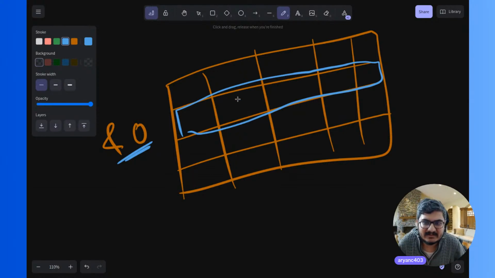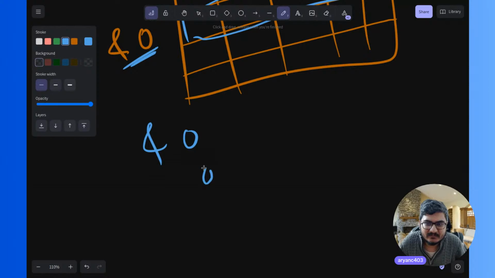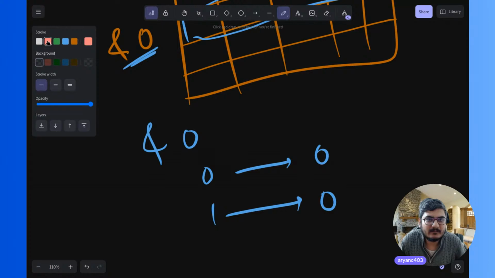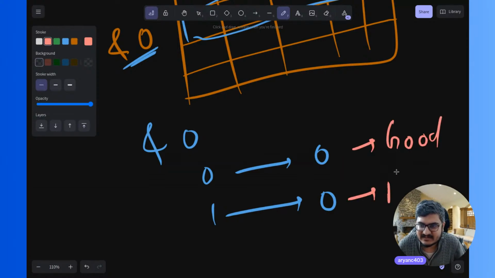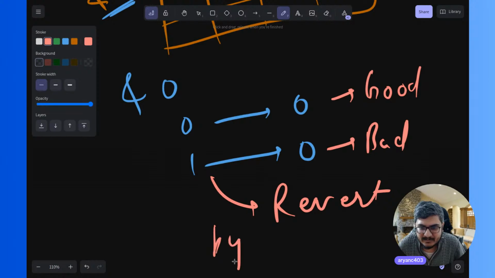We will have two types of sequences here. Doing AND with 0 will change 0 to 0 and will change 1 to 0. We are good here, and this is the bad operation. So the only way we can revert this is by probably doing OR with 1 in this row.